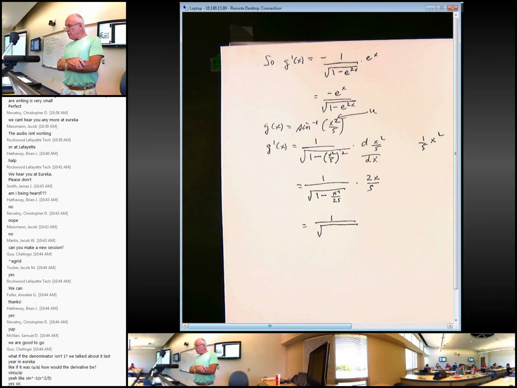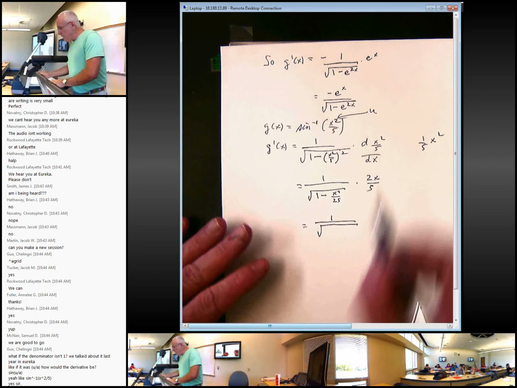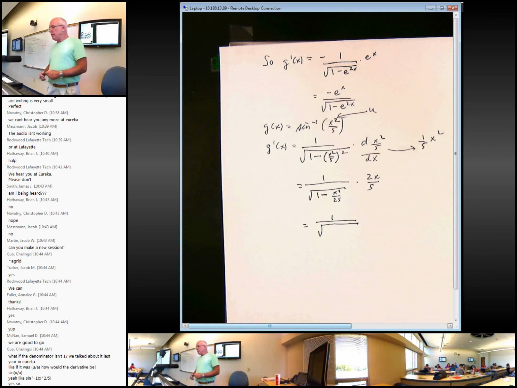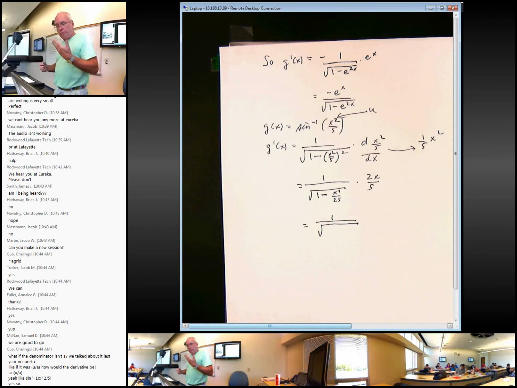The derivative, I take down the 2, so it's 2 over 5 times x, right? Okay, if you just recognize that dividing by 5 is the same thing as multiplying the front of it by 1 over 5. That's it. And then using your power rule.